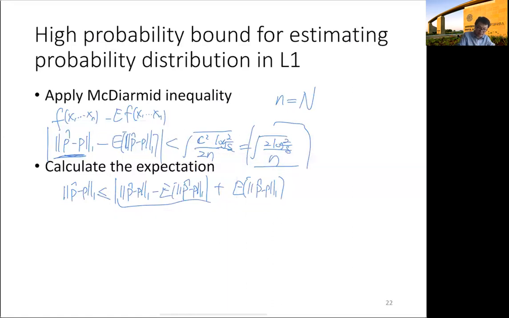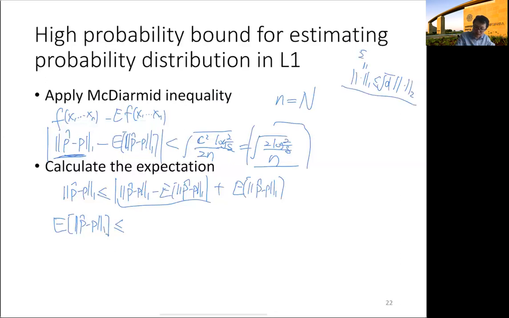So how do we calculate the expectation of the 1 norm? So the idea is to first use the relationships of the norms that you've learned. So anything that's 1 norm is smaller than square root of the dimension times the 2 norm, right?